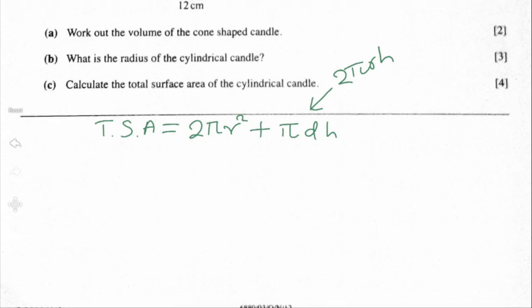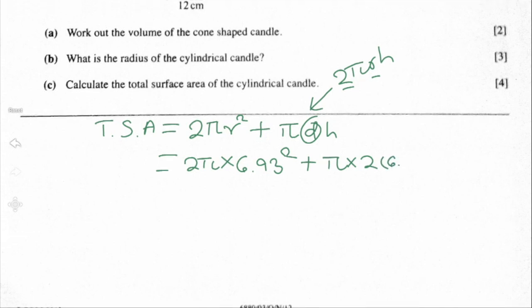Now, looking at this equation here, you can substitute the figures. It's 2 times pi. The radius is 6.93 squared plus pi times 2 there. So this diameter, as we have said, is 2 times the radius. So your diameter will be 2 times 6.93. That's your diameter, 2 times 6.93 times the height h there, which is 20.